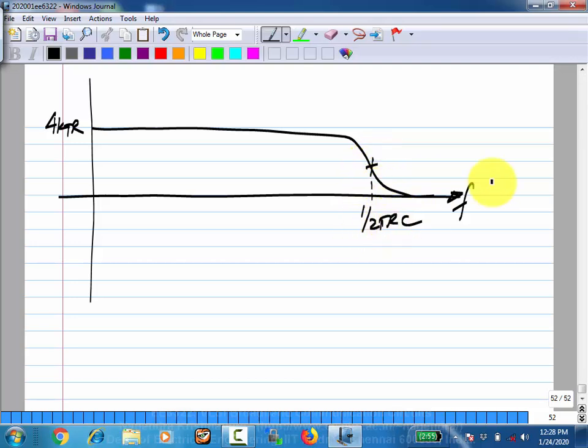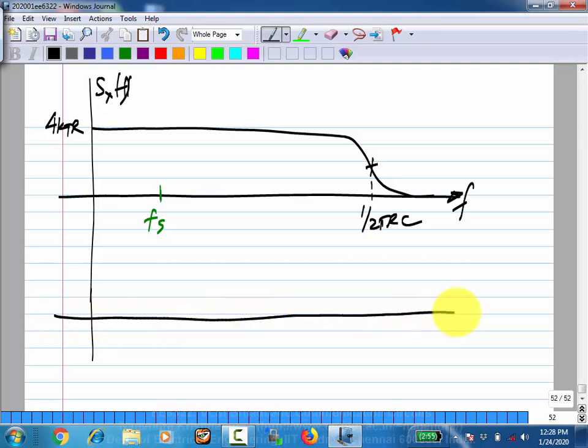So this is what it looks like, right? This is the spectral density of the continuous time signal. Now I sample it at this sampling frequency, right? Let's say, okay. So this means that for the discrete time signal, I need to specify the spectral density up to Fs by 2.